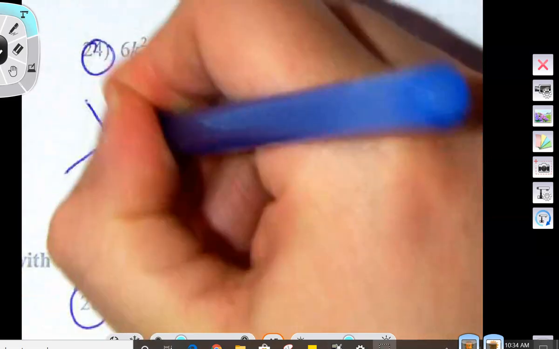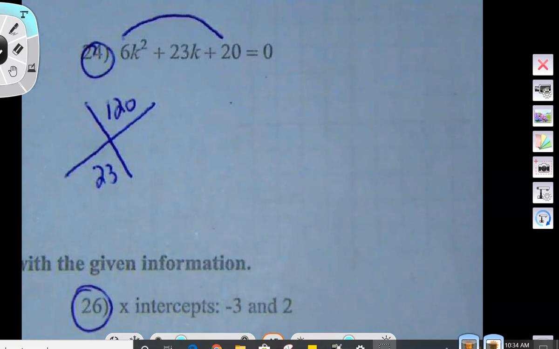So if we go ahead and make our diamond, we need a times c, so we've got a little bit bigger numbers here, so I have 120, and then our b value is 23, so I need things that multiply to 120.